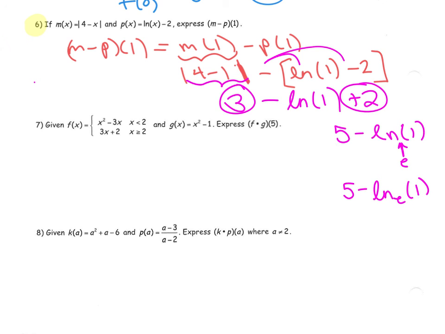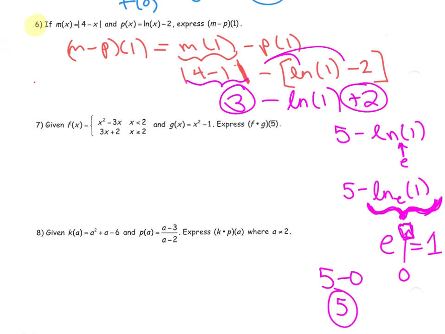So this is saying, if I were to rethink this, e to the what gets me to 1. We're going to hit a unit on logs, so don't freak out if you're like, oh my gosh, I don't remember this. Okay? E to the what is 1? Well, when this is 0. Anything to the 0 is 1. So this is just saying 5 minus 0, which is 5. So my answer here is just 5.